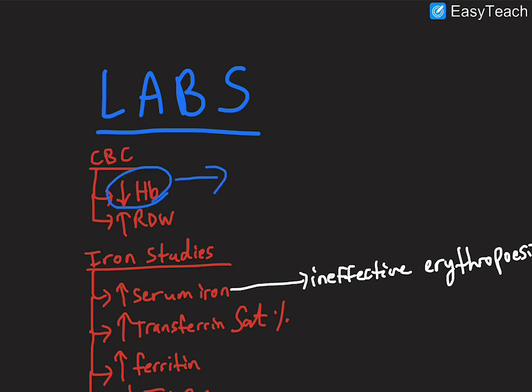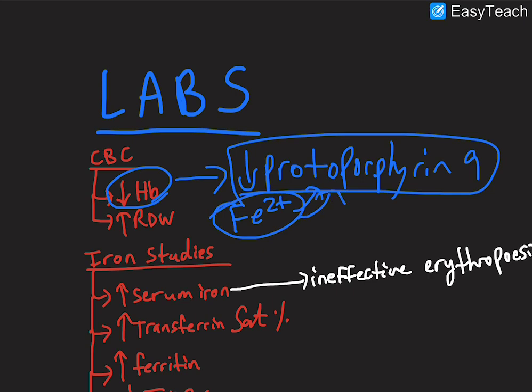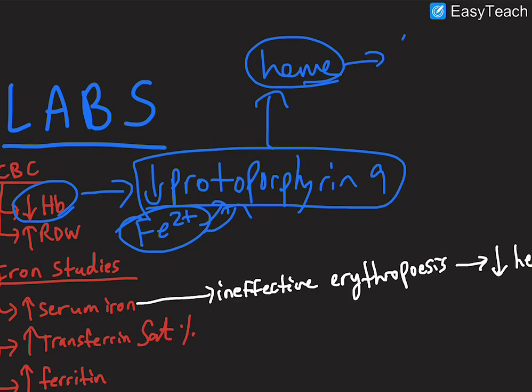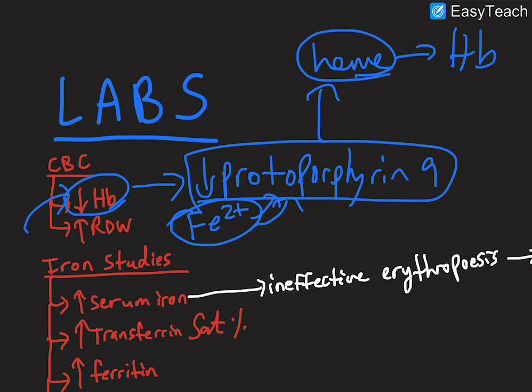Why? Remember, you don't have adequate levels of protoporphyrin 9, so iron doesn't have anyone to combine with in order to form heme. If you don't form heme, you don't have adequate hemoglobin levels, and of course that means you would see low hemoglobin.